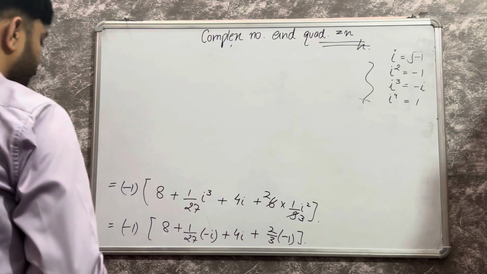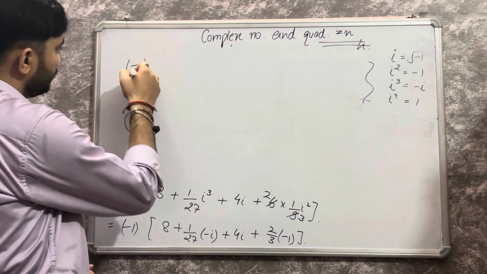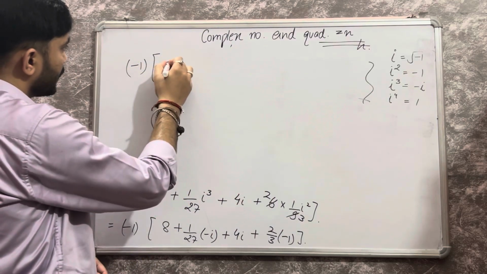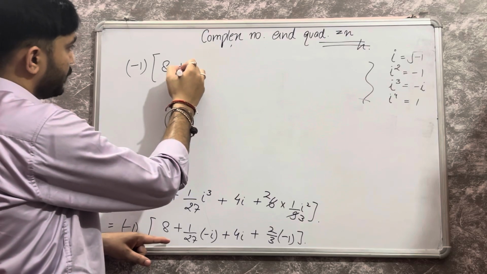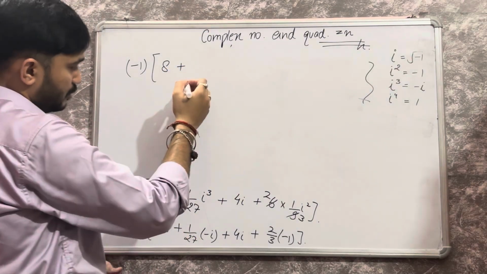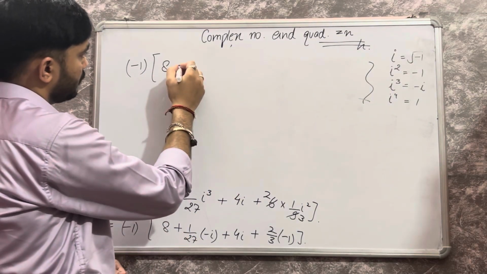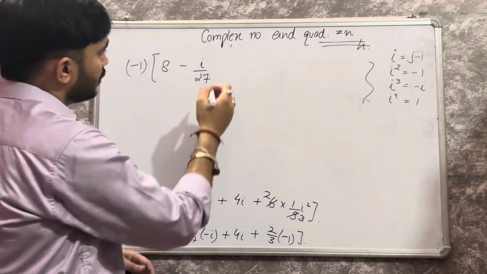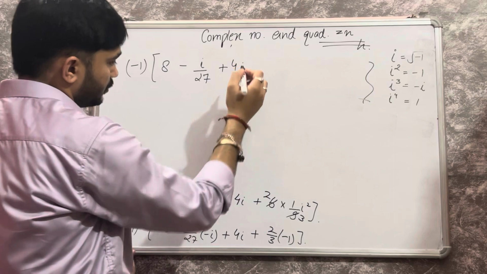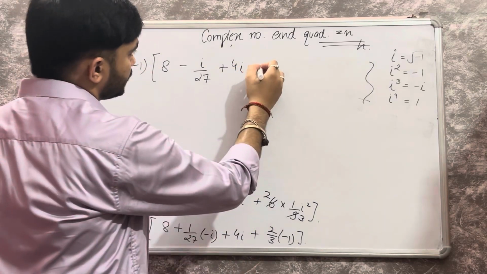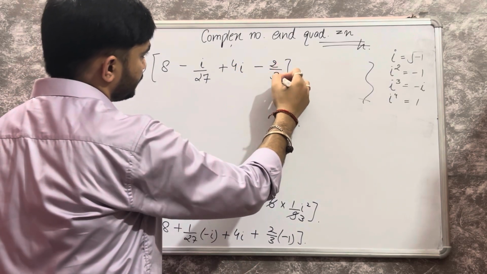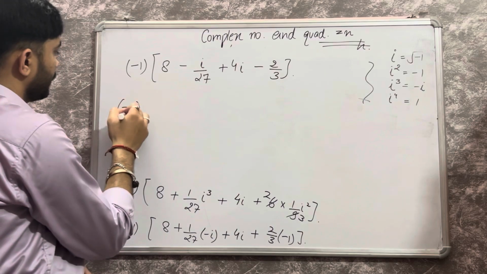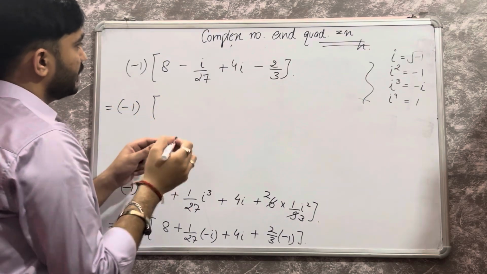Now we will have minus 1, 8 plus, sorry, plus minus iota by 27 plus 4 iota minus 2 by 3. Leave minus 1 as it is.